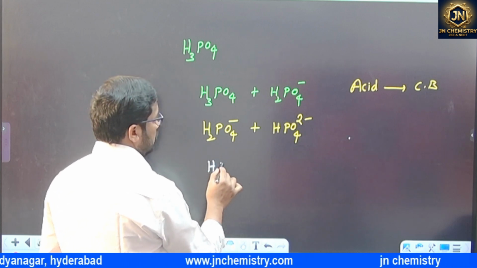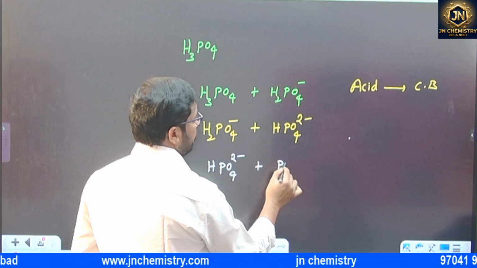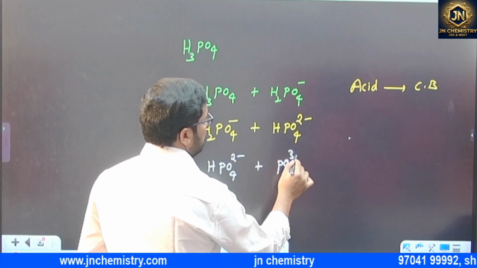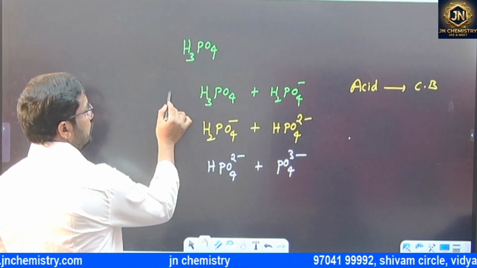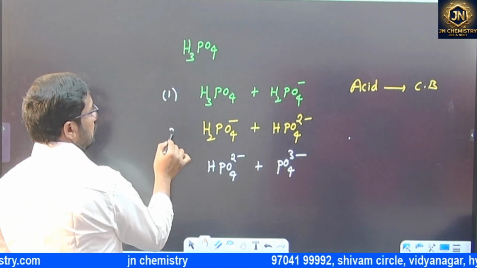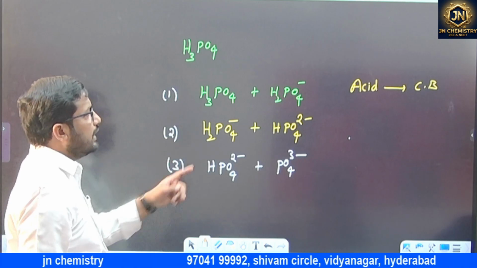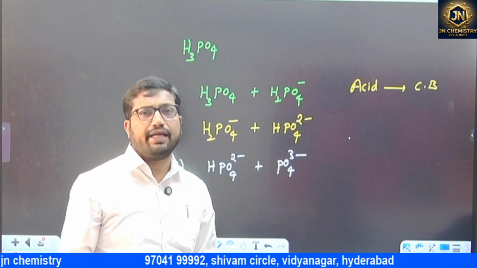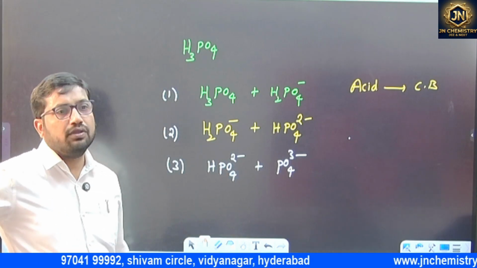HPO4 2 minus plus PO4 3 minus. So three buffer solutions we get. So whenever the negative charge is there, put Na or K like that.